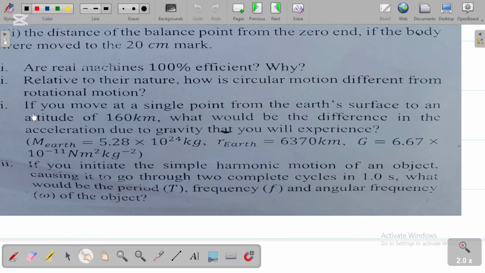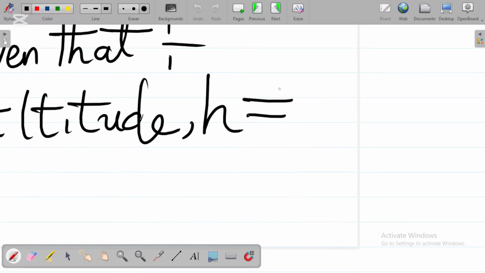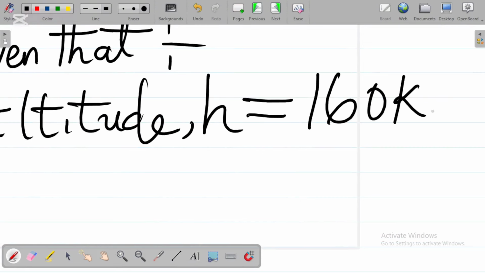This is the question. It says if you move at a single point from the Earth's surface to an altitude of 160 kilometers. So our altitude is 160 kilometers.